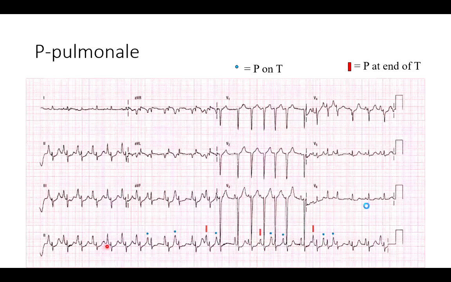Do you see this P wave? Really tall. My goodness. Look at that. This is lead 2, right? Commonly in lead 2 and lead 3. Oh, look at that one. Lead 3. Look at those P waves. They almost look like the QRS complex, but they're not, because the QRS complex is right after it.